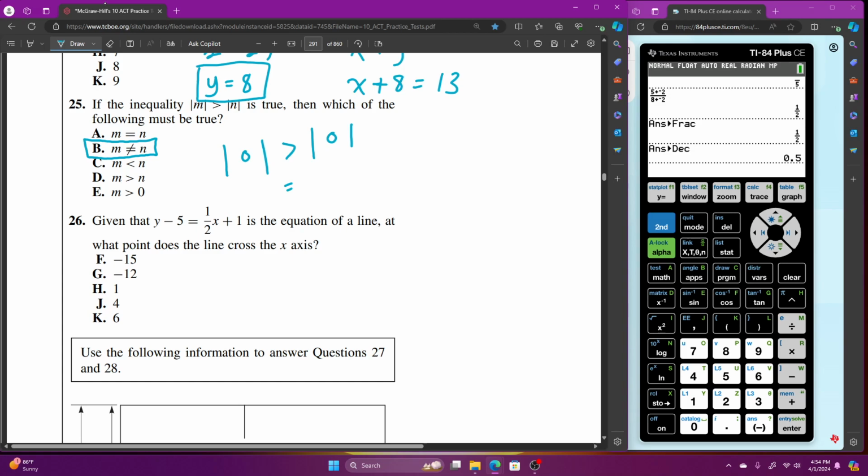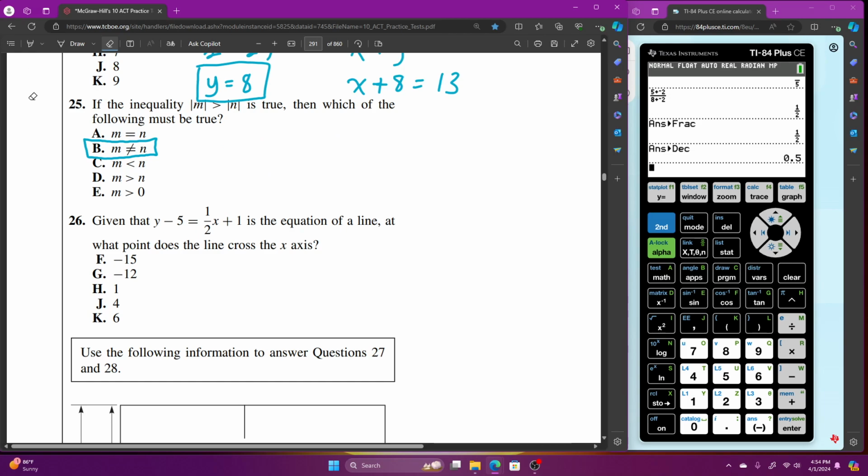It would be equal. Or if you had a positive number, 5 cannot be greater than 5. Or a negative number just turns to positive. It can't be greater. It would always be equal. So B is our correct answer here for question number 25.